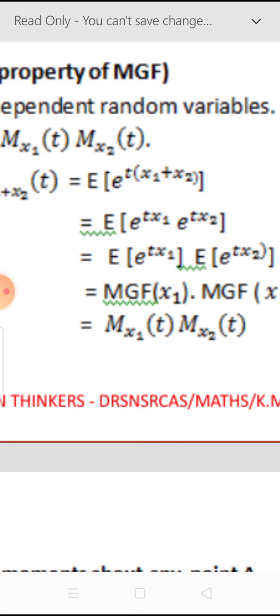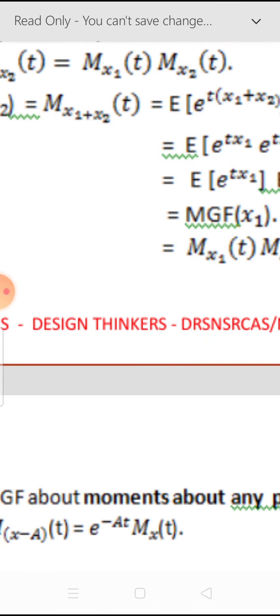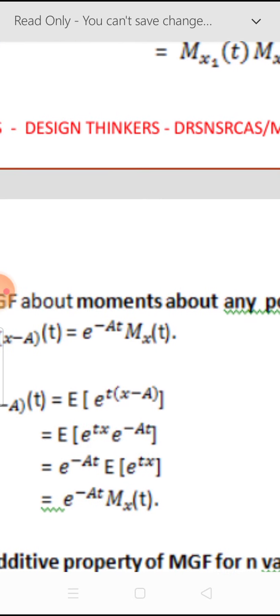So therefore expectation of e power tX1 into e power tX2 is nothing but expectation of e power tX1 into expectation of e power tX2. This is again the definition of MGF of X1 and MGF of X2. So therefore we have shown that the moment generating function of the sum of the two independent random variables X1 plus X2 is nothing but the product of the moment generating functions of the random variables X1 and X2.